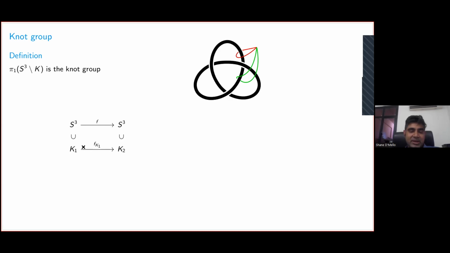That is what is meant by equivalence. Then even when you consider the complements, right, F is going to be well defined on the complement, and you get a homeomorphism over here.